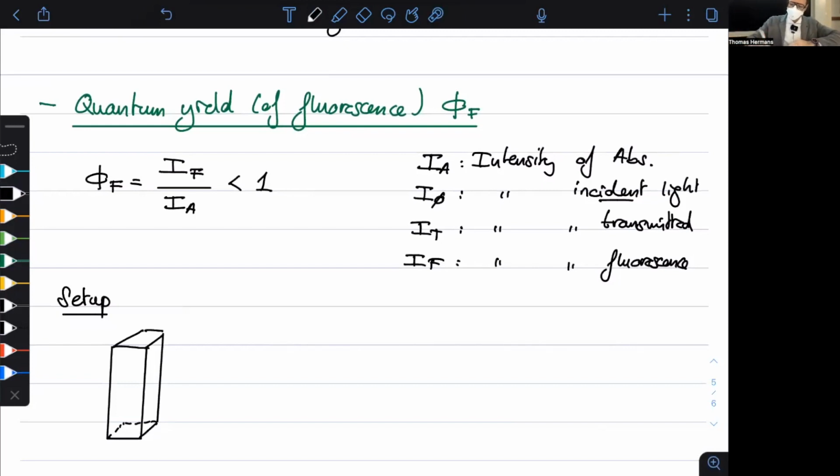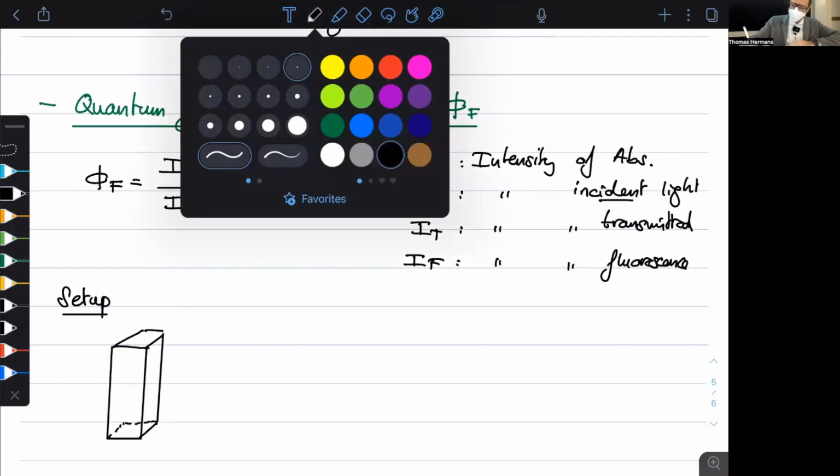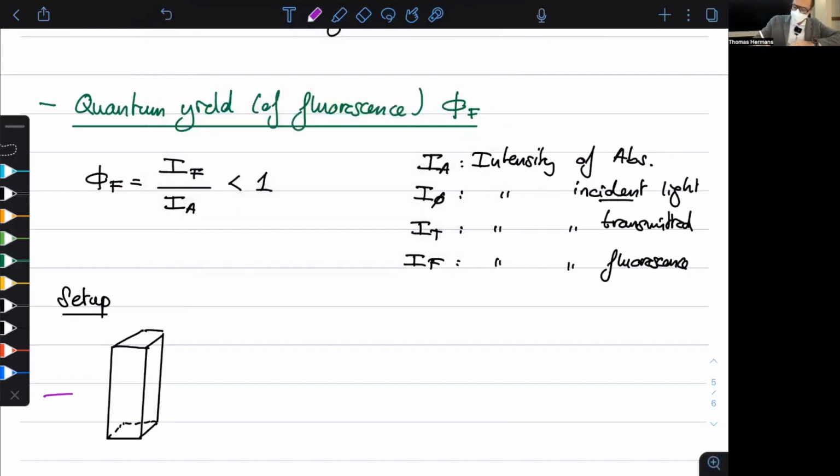So okay, we have the incident light, I0, and that goes into my cuvette, and a fraction of it will pass through, which will be the transmitted light. And then I have my molecules that emit light, which is the fluorescence intensity. But as you see in the drawing, the light is emitted in all directions.